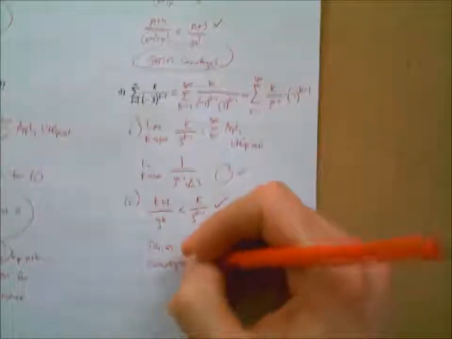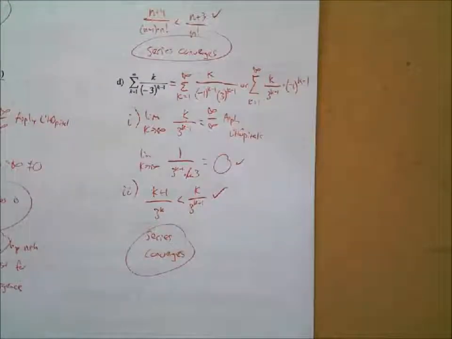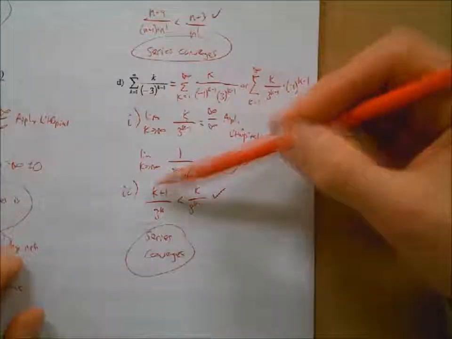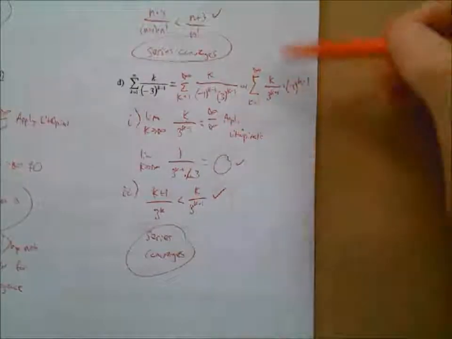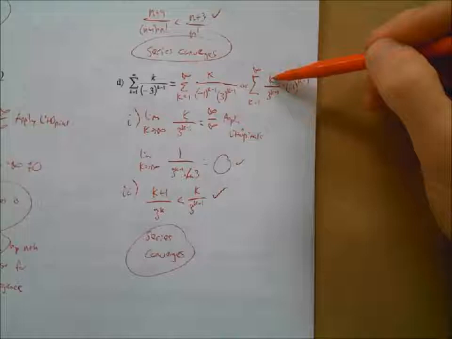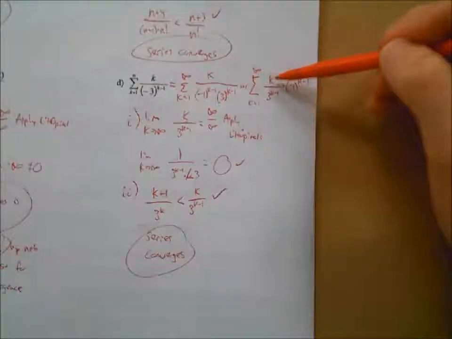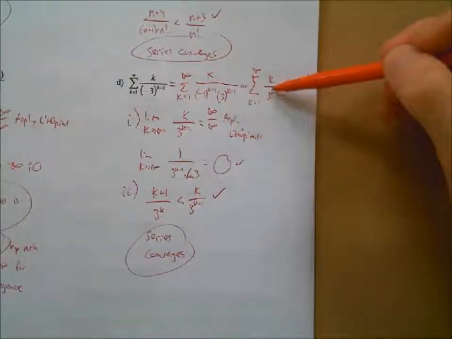What just happened? What's the question? Did I skip too much? Yes, Kara. I'm confused on how you set up part 2. Part 2. So all we're doing here is our next term, which is a sub n plus 1. So I'm plugging in k plus 1 in this case, right? I put in k plus 1 in the numerator, because the next term would be k plus 1, and then 3 to the k plus 1 minus 1.